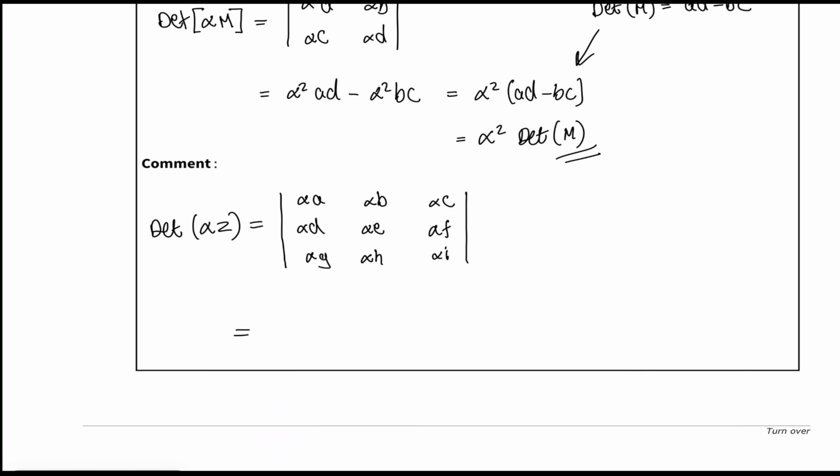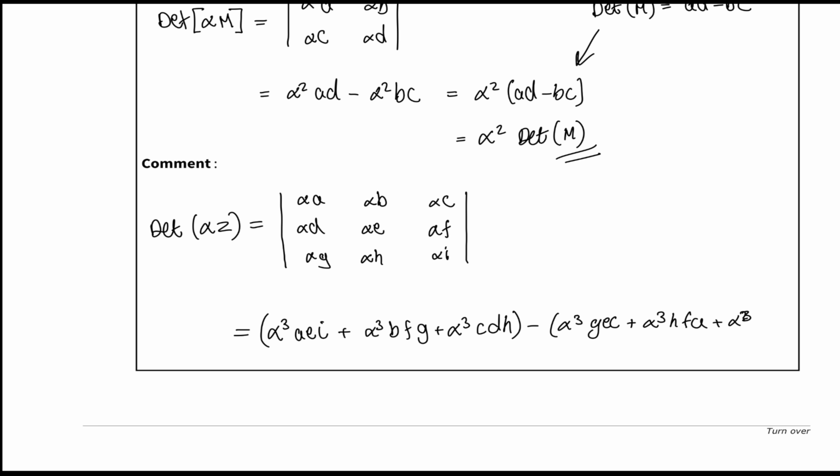If we work out the determinant of this matrix, we have alpha cubed AEI plus alpha cubed BFG plus alpha cubed CDH minus alpha cubed GEC, alpha cubed HFA, alpha cubed IDB.